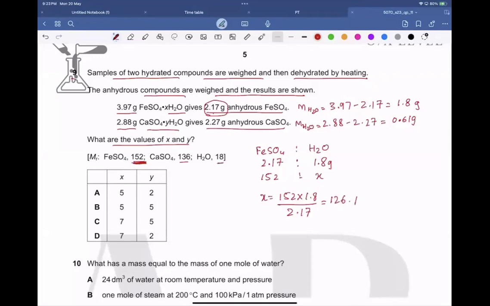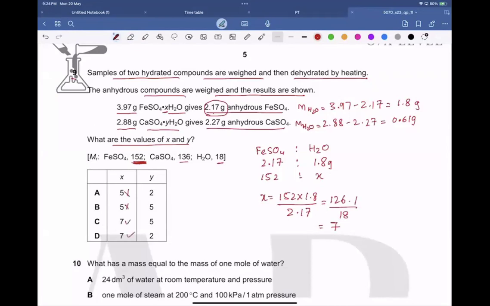We know the MR of water is 18. So if I divide by 18, I will get the moles. So can anyone tell me the moles? When you divide by 18, we are getting 7. So see, it means this and this is wrong because with FeSO4 that is X. So X can be 7. So either C or D can be correct.